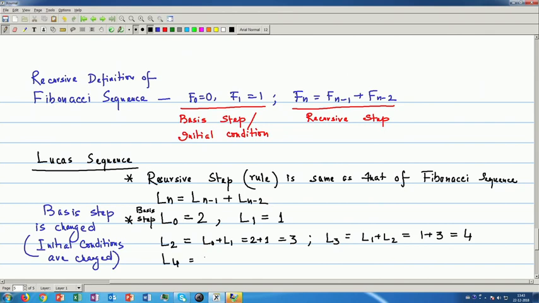L 4 is L 3 plus L 2, so this is 4 plus 3, which is 7. So, we see that even though the recursive rules are the same as that of the Fibonacci sequence, the terms are different. Here L 2 is 3, L 3 is 4, L 4 is 7.